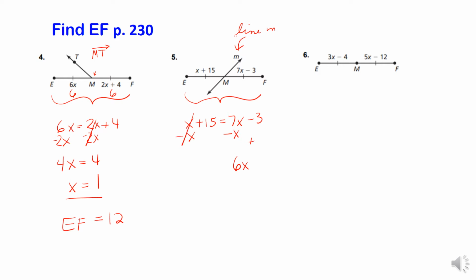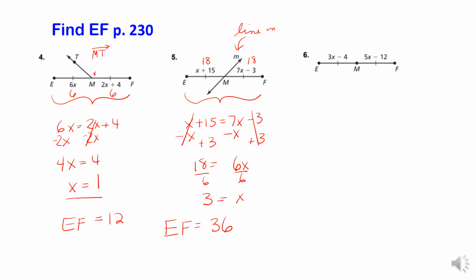I'm going to add 3 to both sides, opposite operations, equals 18. Divide by 6. x equals 3. So now I go back in and I plug it in. 3 plus 15 is 18. 7 times 3 is 21, minus 3 is 18. So I know I got the right x. Now I add those together and I get 36.